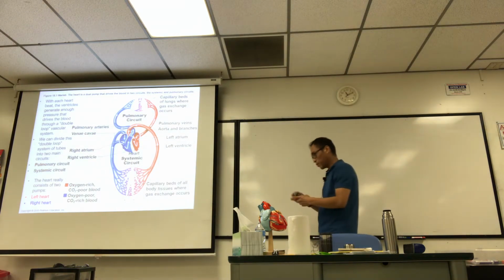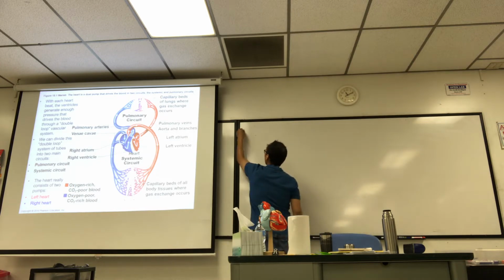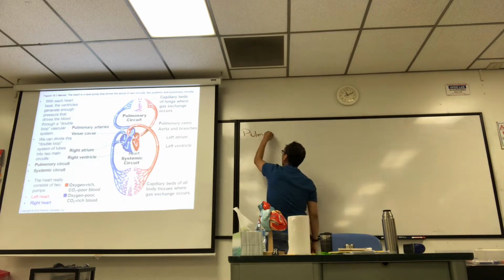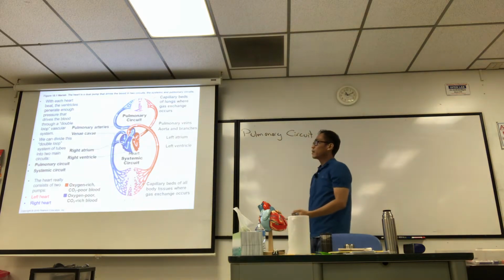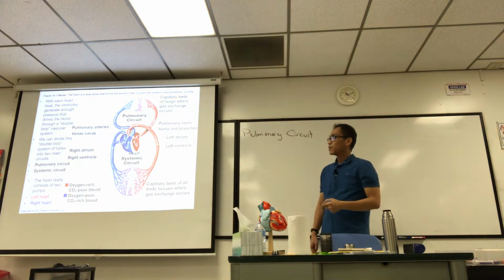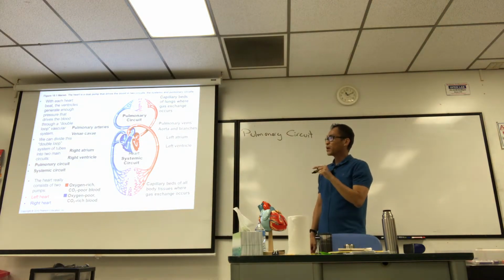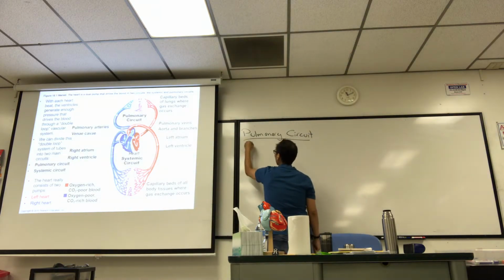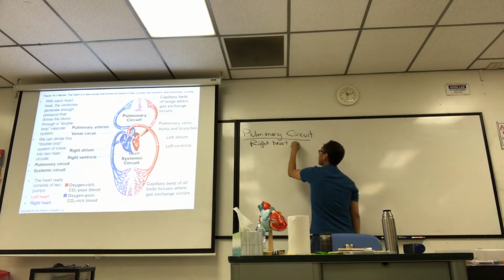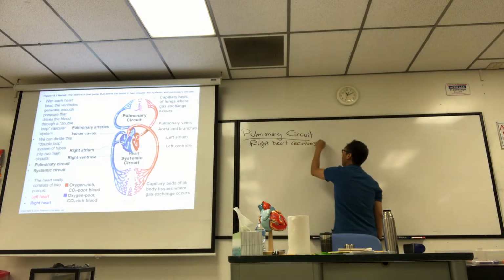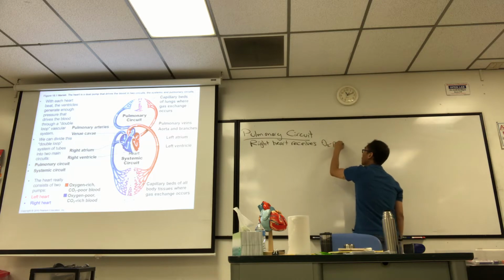Let's start there, pulmonary circuit. So let's think functionally. Systemic veins, they're returning oxygen-poor blood to the right heart. Right heart receives O2 poor blood.